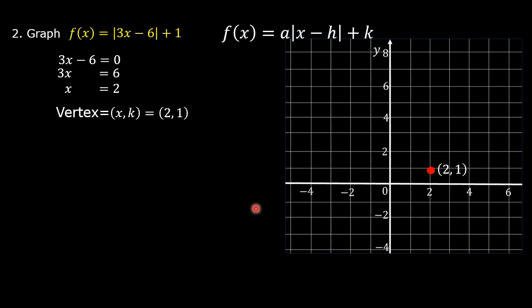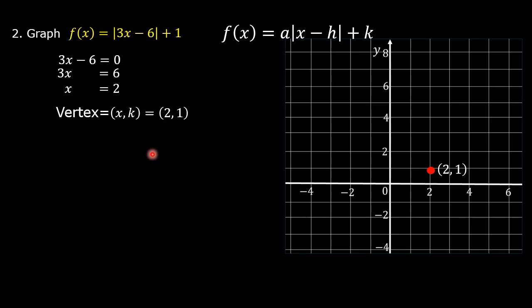Next, we are going to assign values to x and then find the corresponding values of f of x. We are going to assign at least one value that is less than the x-coordinate of the vertex, that is less than 2, and at least one value that is greater than the x-coordinate of the vertex.